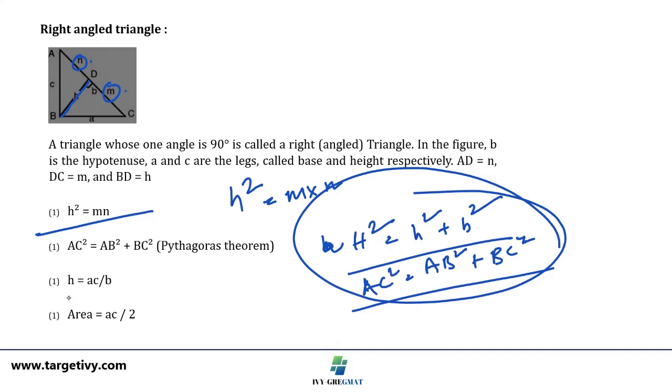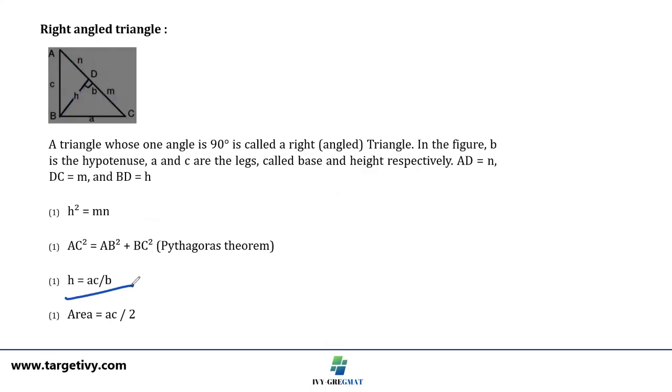Extension of this: H is equal to AC by B. So this H is equal to the base A into the height of the triangle C by B, the hypotenuse.